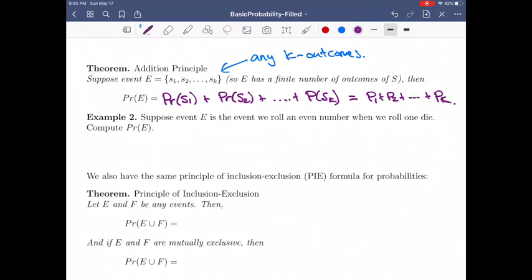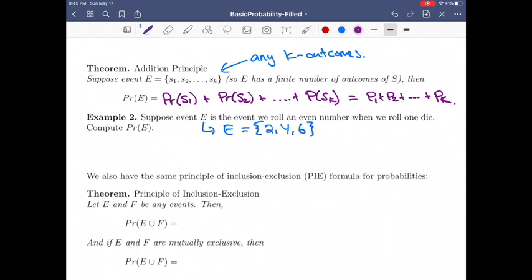So going back to that other example, suppose our event E is the event we roll an even number, when we roll one die. So that means that E contains the outcomes 2, 4, and 6.